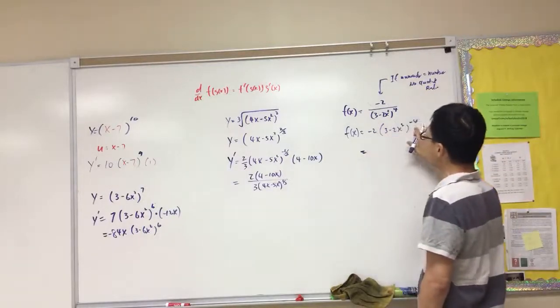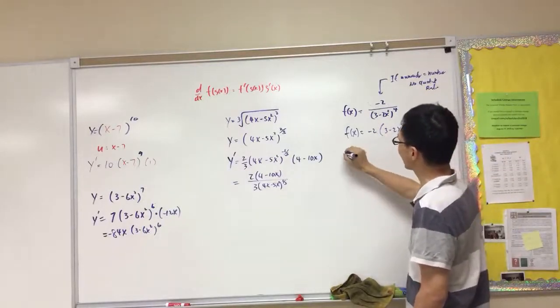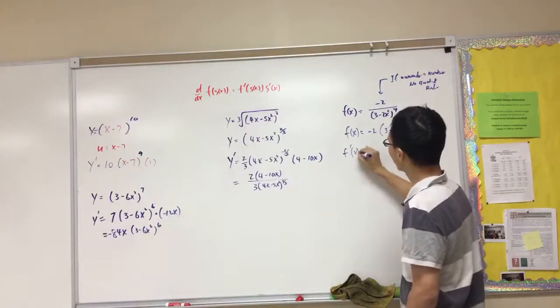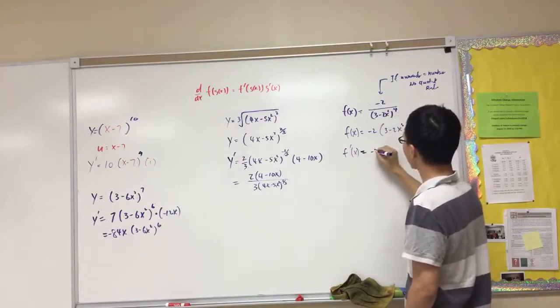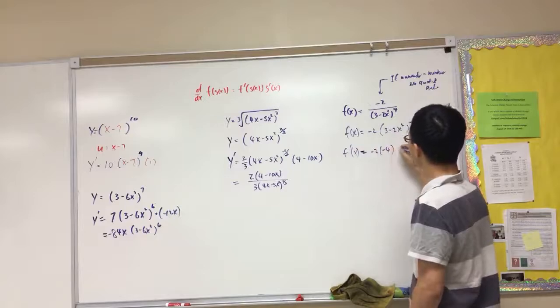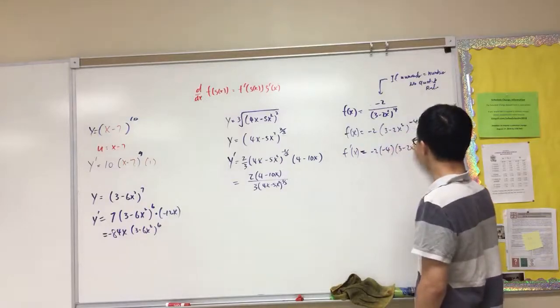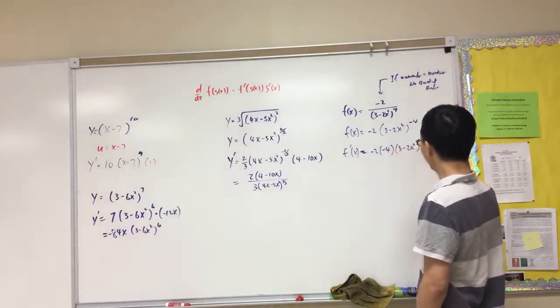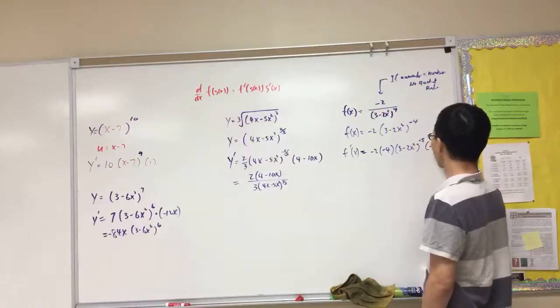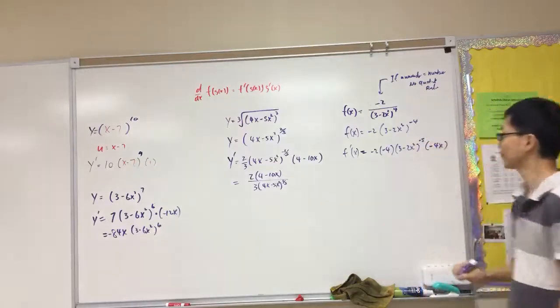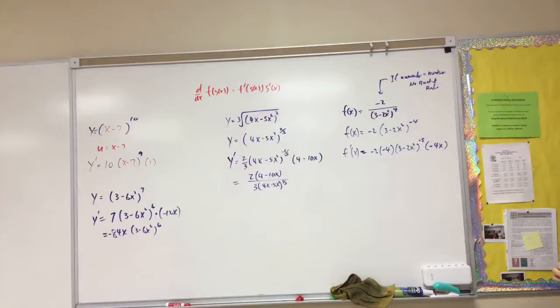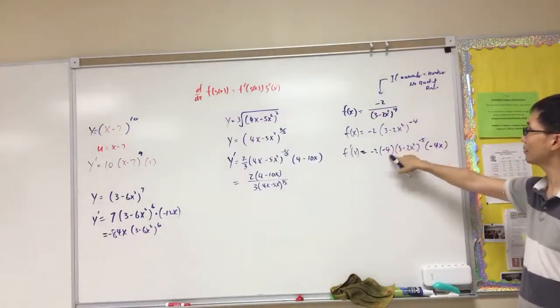So I haven't taken a derivative yet. Now I'm going to take a derivative here. f prime of x is equal to -2 times -4 times 3 minus 2x squared to the -5 times -4x. Does that make sense? I bring the -4 down in the front.